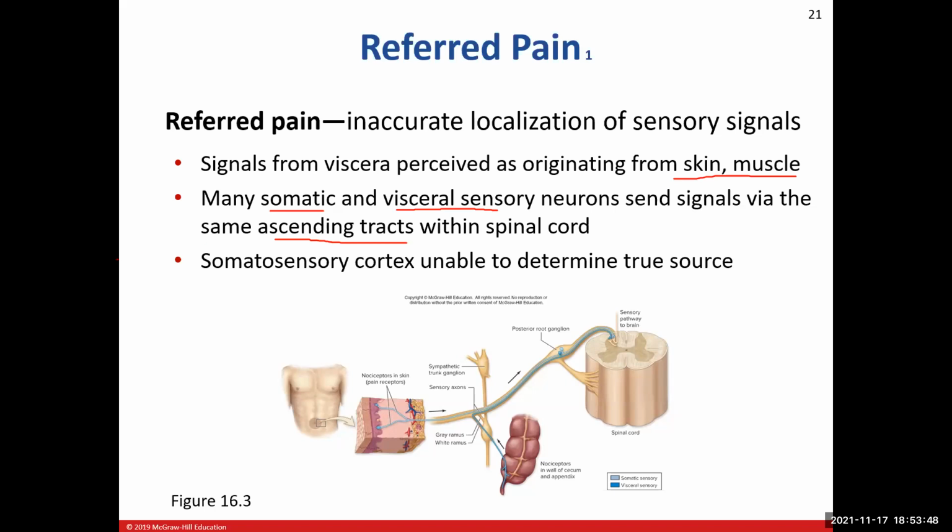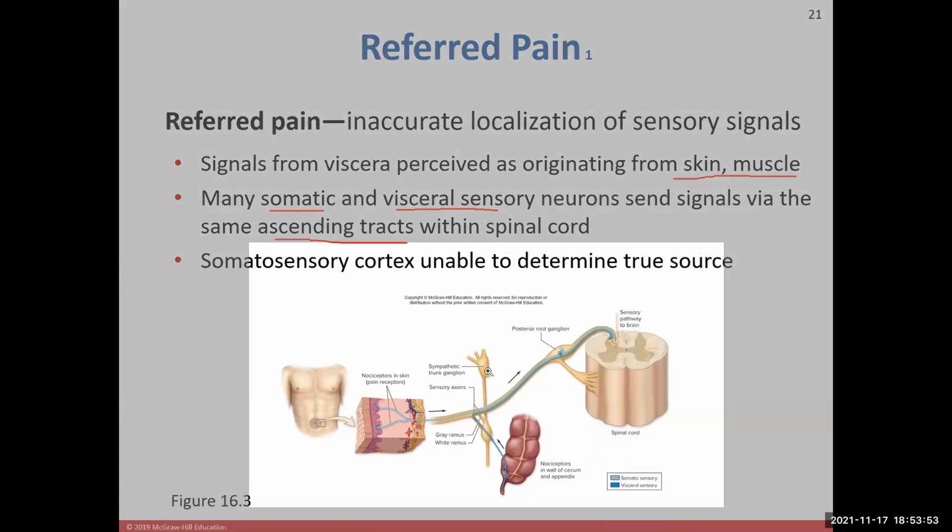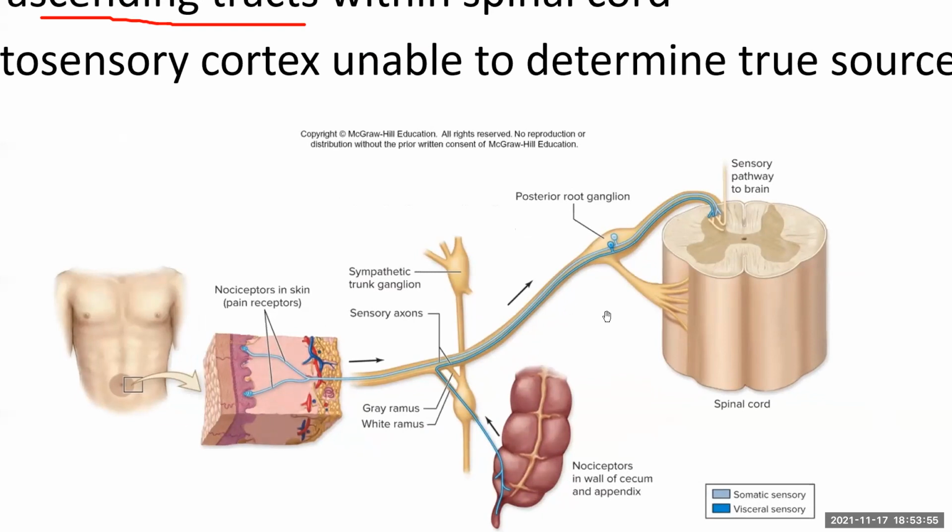So let's use an example here that's listed below. Appendicitis. Well, before I do that, let me mention something. Let's do this. So here you have your appendix, and you'll notice here's the sensory neuron coming from the appendix, and it's traveling up through the spinal nerve, and it enters the spinal cord and ascends up towards the brain. Whereas you'll notice how you have nociceptors located out here in the skin, and they'll send sensory input up to the spinal nerve.